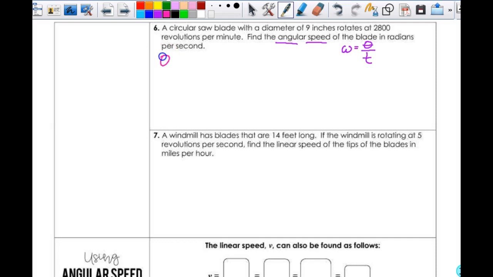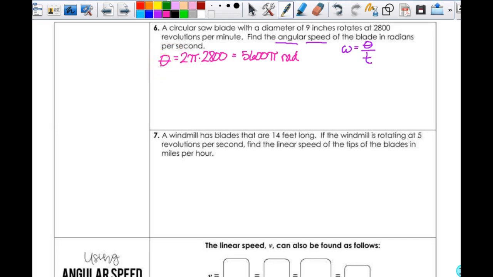So theta is just equal to 2 pi times the RPMs, which are 2800. So what's 2 times 2800? 5600 pi. And that's theta, so it is in radians. Okay. Didn't label this as theta.